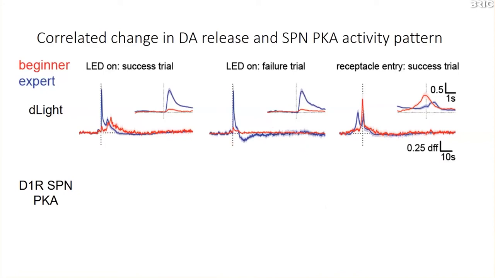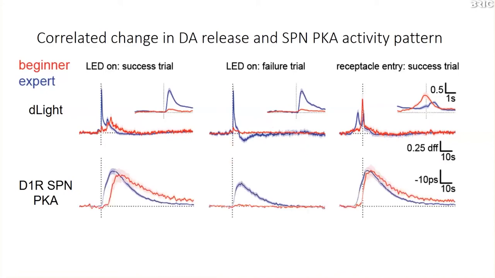How about PKA activity in SPNs? You can see that D1 receptor SPN PKA activity has now shifted from the receptacle entry time point to the cue. And because the PKA activity change has much slower kinetics than dopamine release, it is a little bit more difficult to parse out how much of this activation during the success trial for expert animals is driven by the cue or the reward itself.